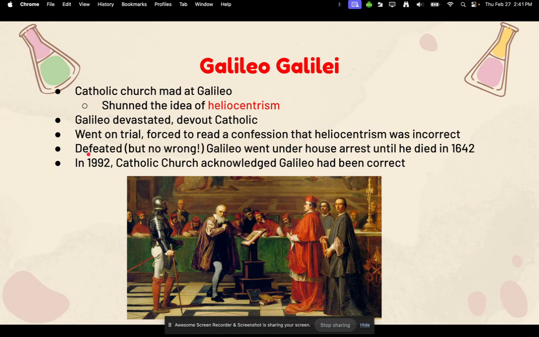He felt defeated, although he wasn't wrong. Galileo went under house arrest until he died in 1642. And only in 1992, the Catholic Church finally acknowledged that Galileo had been correct this whole time. Yeah, crazy. 300 plus years later, the Catholic Church finally acknowledges that the sun is in the center of the solar system.